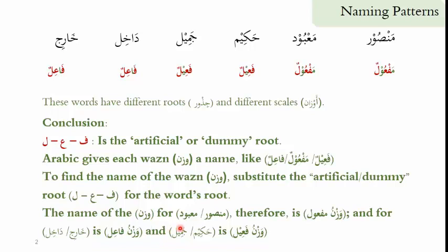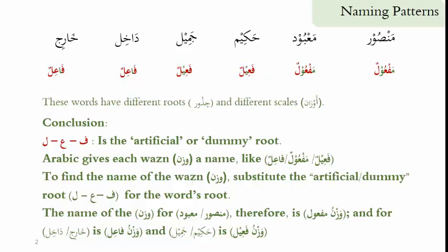The name of the wazn for ma'bud and mansur is waznu maf'ul. And for kharijun and dakhilun, it is waznu fa'il. And for hakimun and jamilun, it is waznu fa'il.